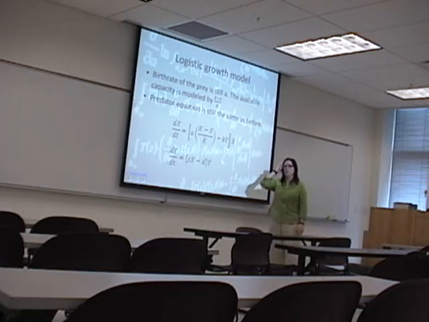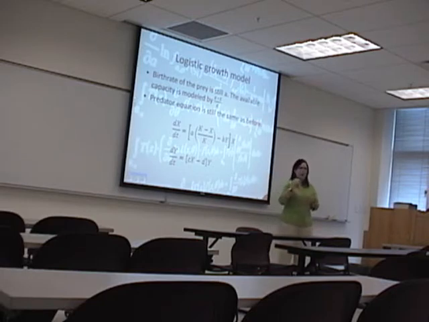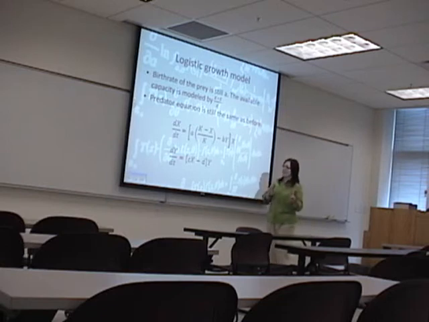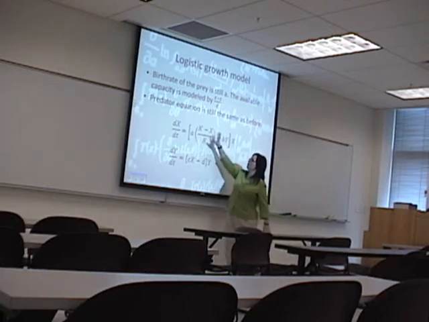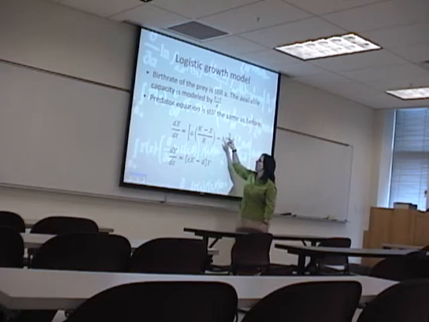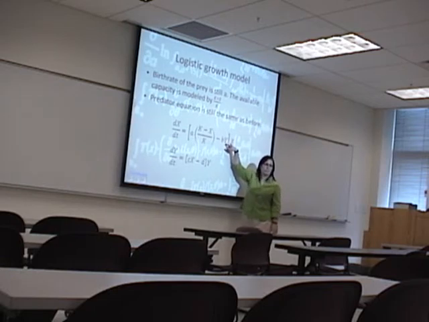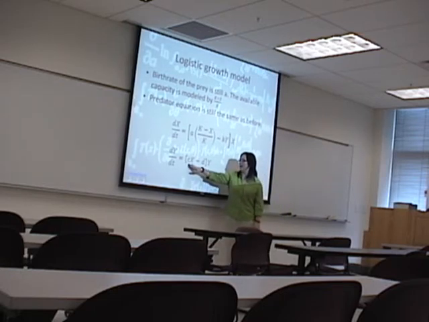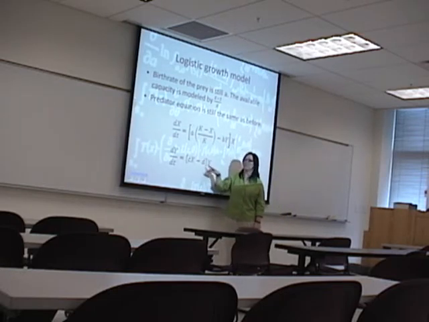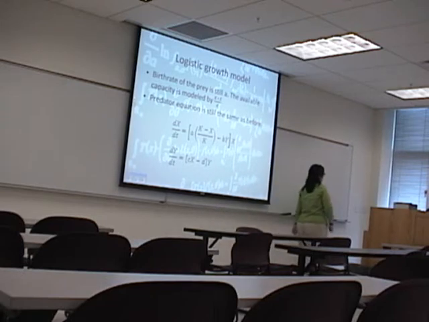So if you take the entire capacity of the habitat, subtract off the ones that are already there, and divide by the overall capacity, you have the percentage left over. Since that's the percentage, we just multiply it by what the first term was. So the birth rate times the percentage that we're allowed, and we just subtract off the death rate like normal. It doesn't have any effect on the interaction, so this equation stays exactly the same.